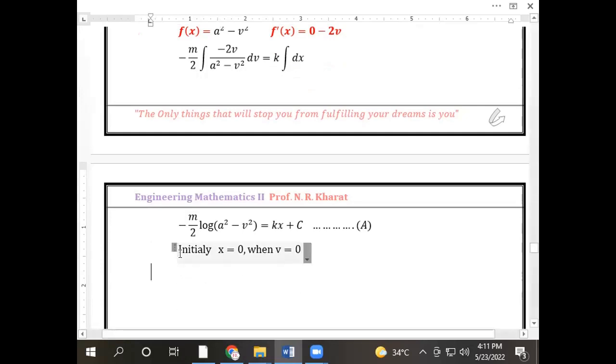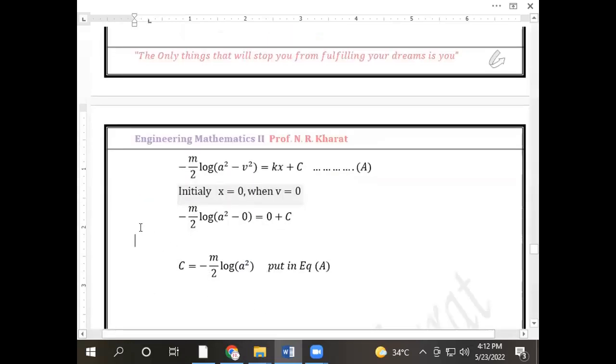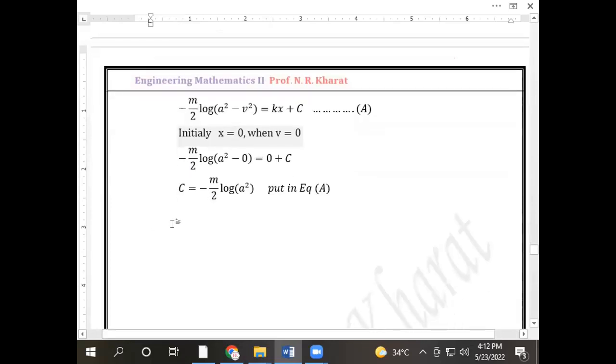So the value of c can be calculated by replacing x equal to 0 and v equal to 0. So minus m upon 2 log of a square minus 0, because v is equal to 0. On the right hand side, x equal to 0, so c is equal to minus m upon 2 log of a square. We have to put this value of c in equation number a.